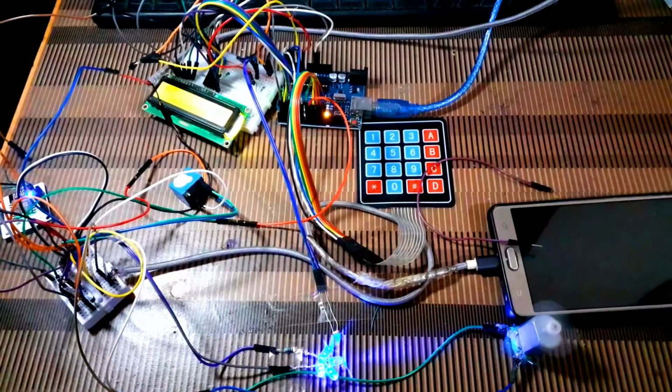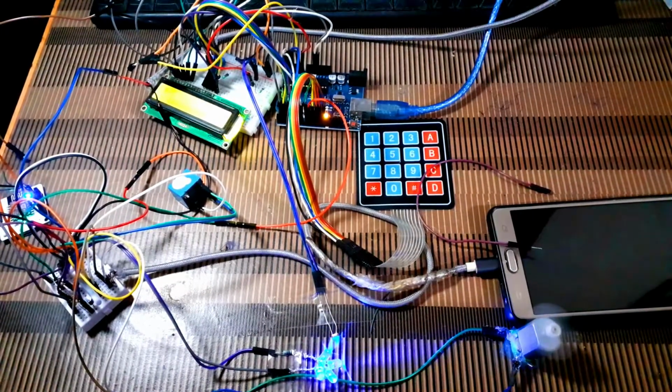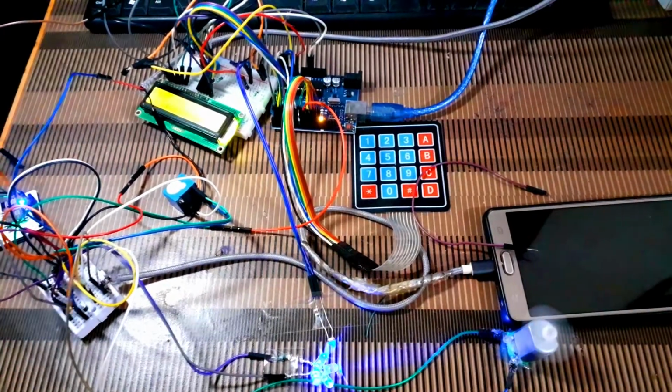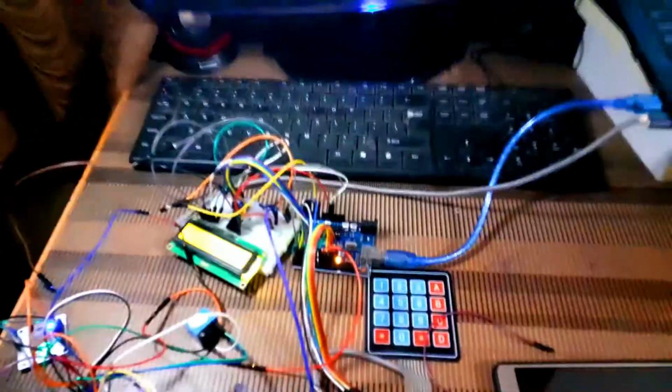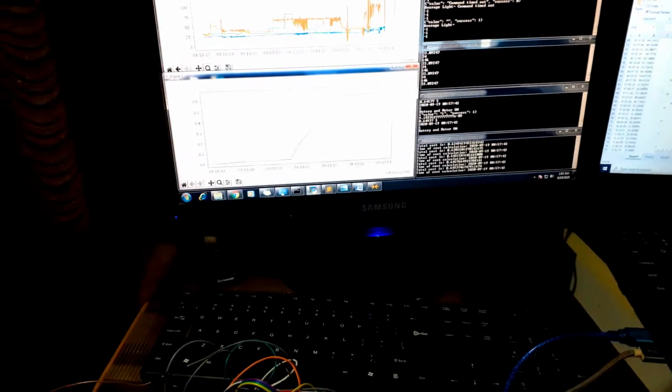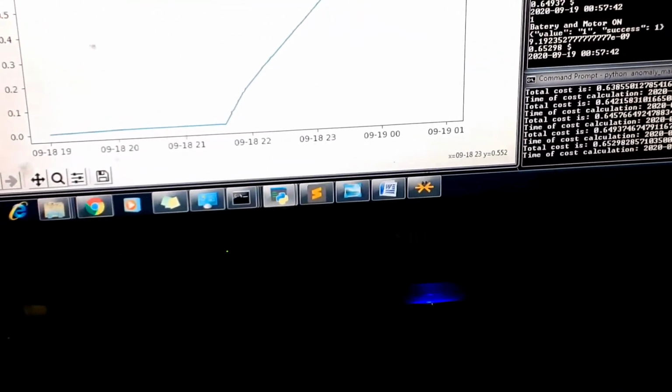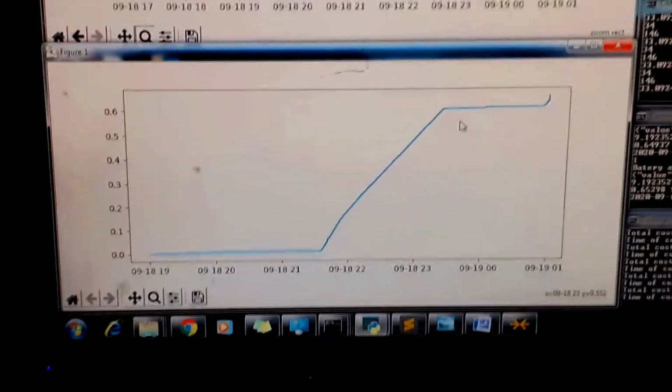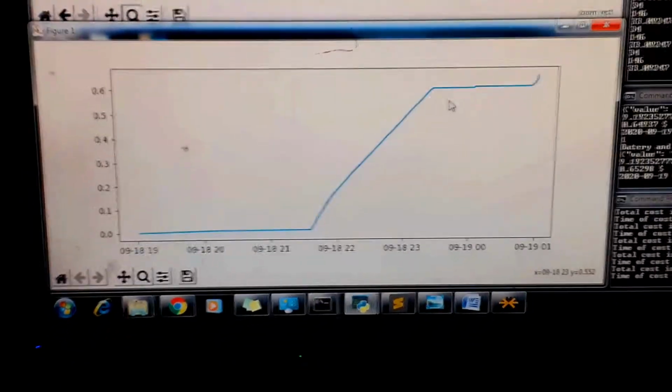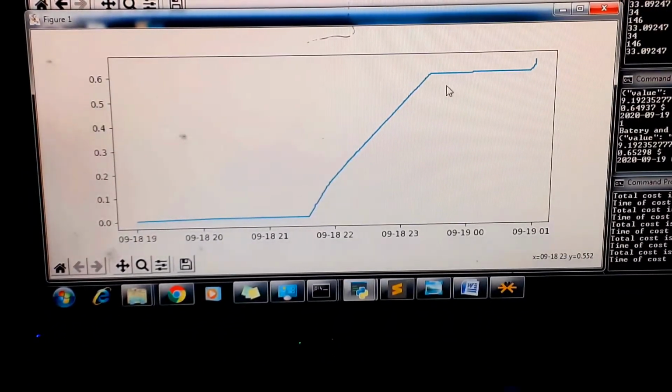The controlling script also calculates the energy that is being consumed and displays the graph of the total cost up till now. This was the graph of how much cost of energy I have used.